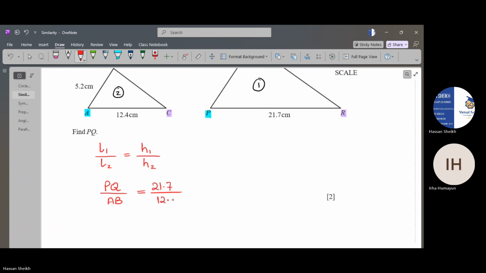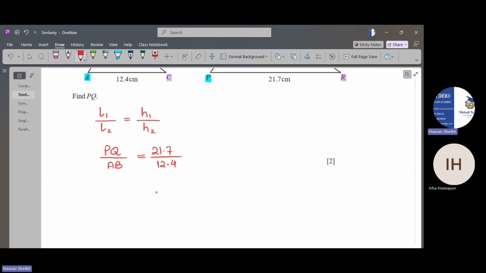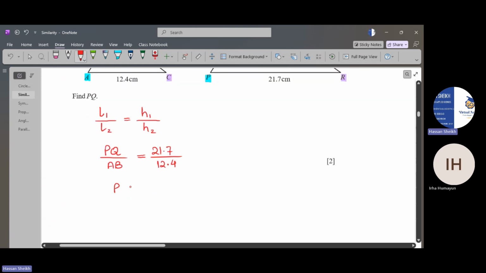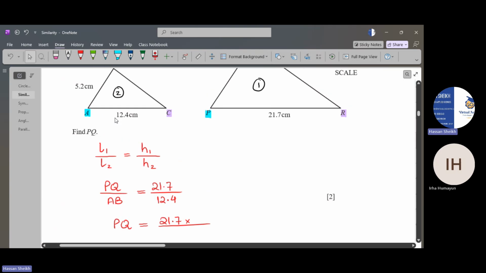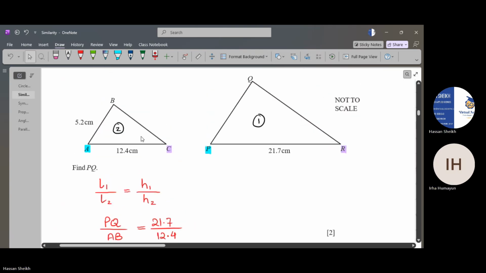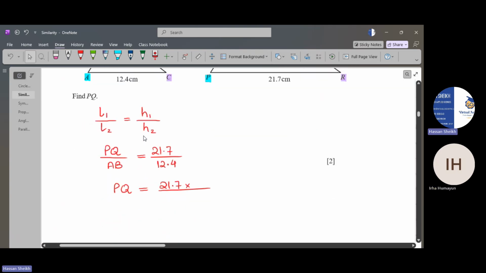Now we rearrange to find PQ. So AB is dividing on the left hand side. Do you agree? So when it moves to the right hand side, it must multiply. And what is AB? 5.2. So is it okay if I replace AB with 5.2?